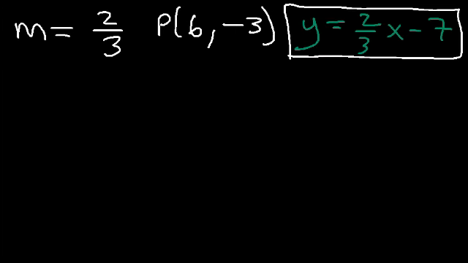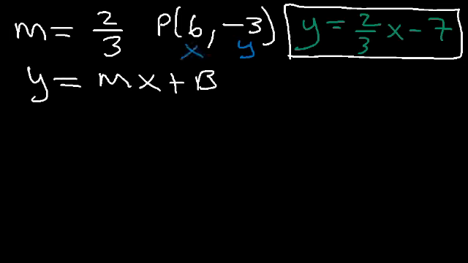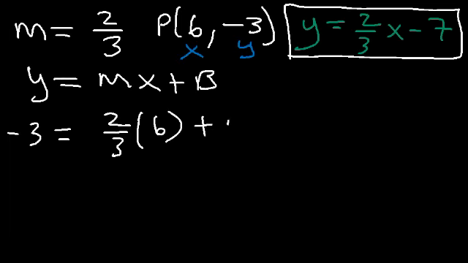What you can do is start with the slope-intercept form, y equals mx plus b. We're going to replace y with negative 3 and x with 6, and we're going to plug in 2/3 into the equation. So negative 3 is equal to m, which is 2/3, times x, which is 6, plus b. Our goal is to solve for b, because we already have m. Once we have b, we can write the equation.